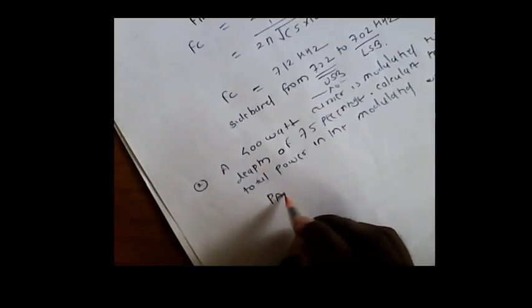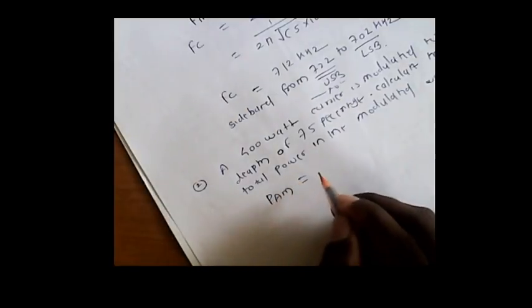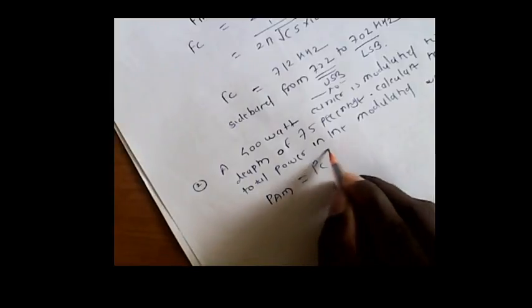So total power, denoted by PAM, is the carrier power times 1 plus the square of the modulation index divided by 2. Carrier power is given as 400, modulation index is 75%, meaning 0.75.